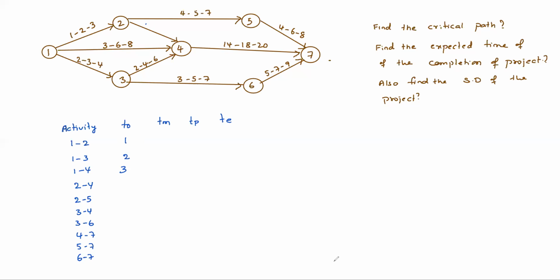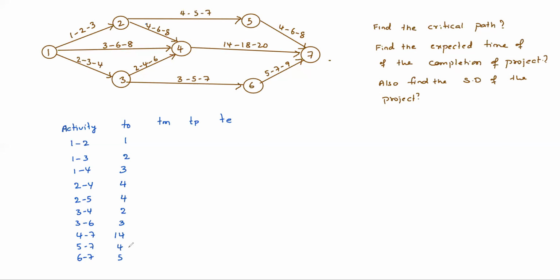For 2-4, 4. 2-5, 4. 3-4, 2. 3-6, 3. 4-7, 14. 5-7, 4. 6-7, 5. These are the optimistic times.